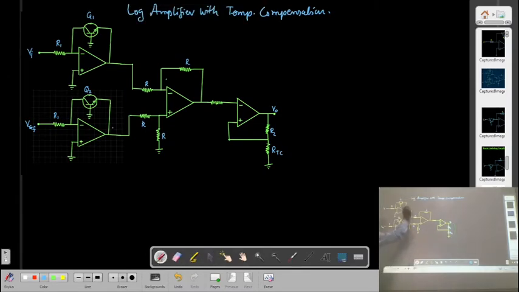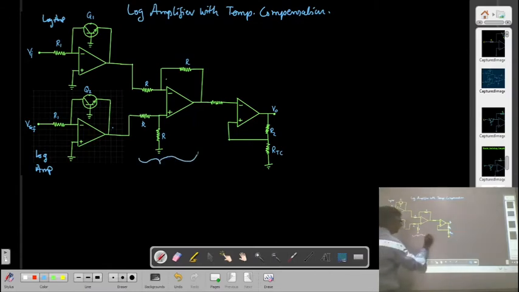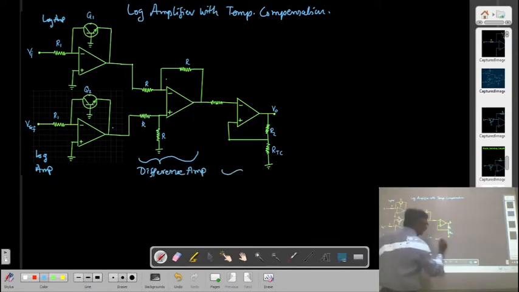You can say this is a log amplifier, this one is another log amplifier, and this part of the circuit is a difference amplifier. And if you see the output part of the circuit, it is simply a non-inverting amplifier.